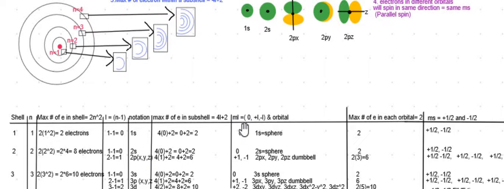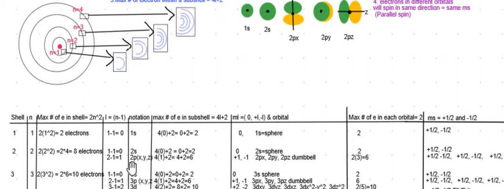Now for ML, ML could be 0, plus L, and negative L. When L is 0, ML is 0, and the shape is spherical. The notation is 2s because it's the second level, and s because when L is 0, the letter sign is S. So 2s, shape is spherical.